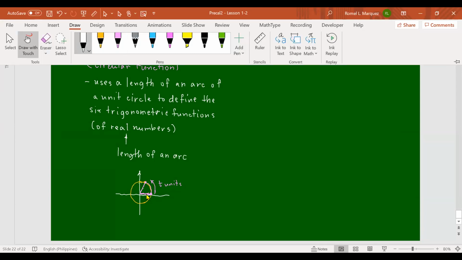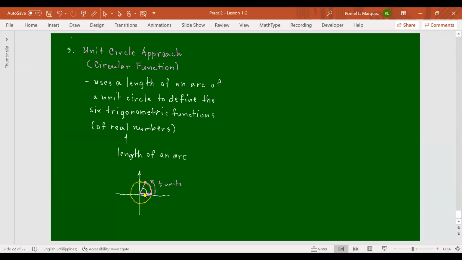If this is T units, we call this T radians. So there is no problem actually. You can consider it as an angle. You can consider it as a length of an arc. Did you understand now, guys?